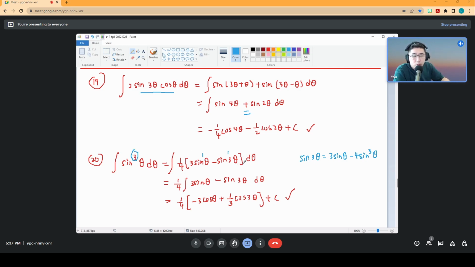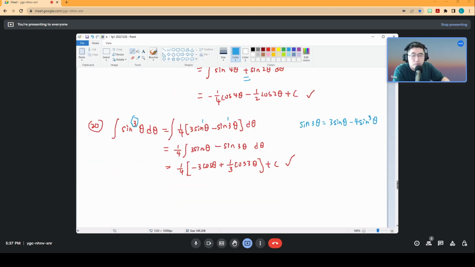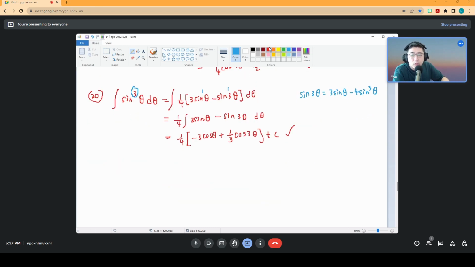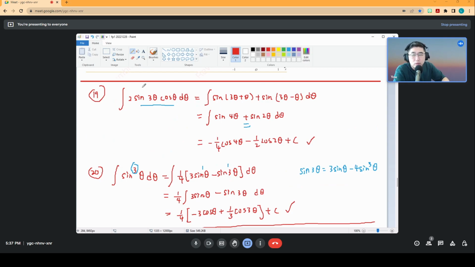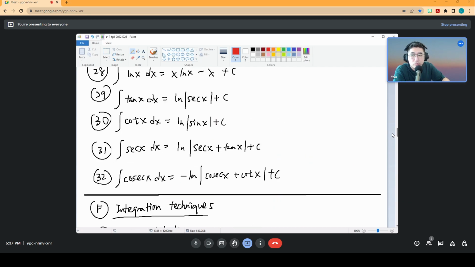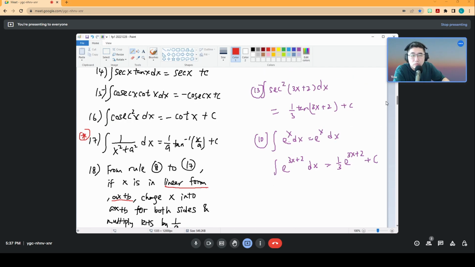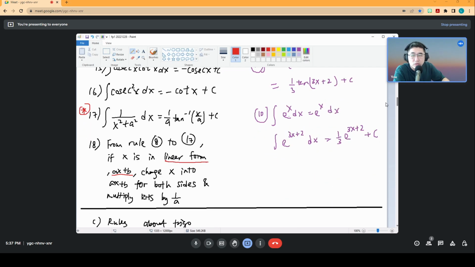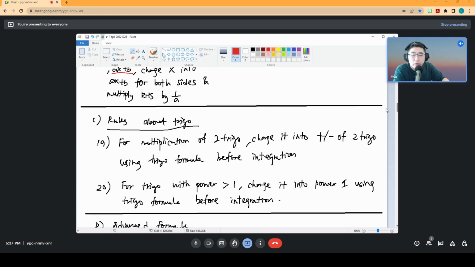That will be rule 20. The objective here is to change whatever trigo is in a not nice form into a nicer form in section B. Whatever you can change into section B will be good enough.